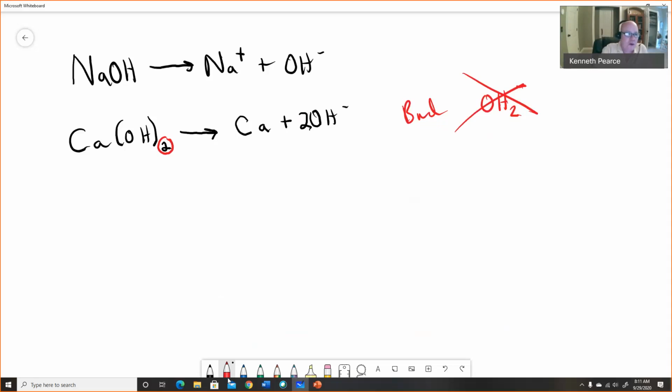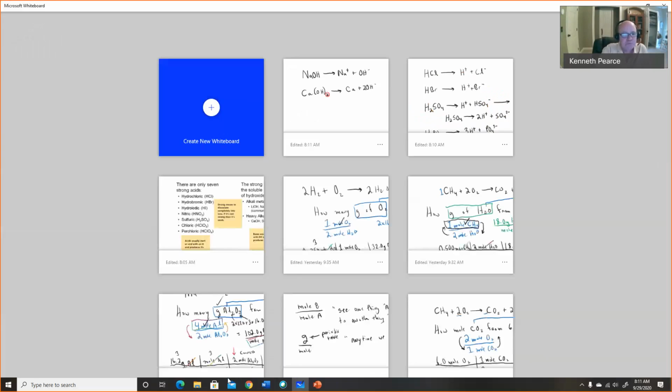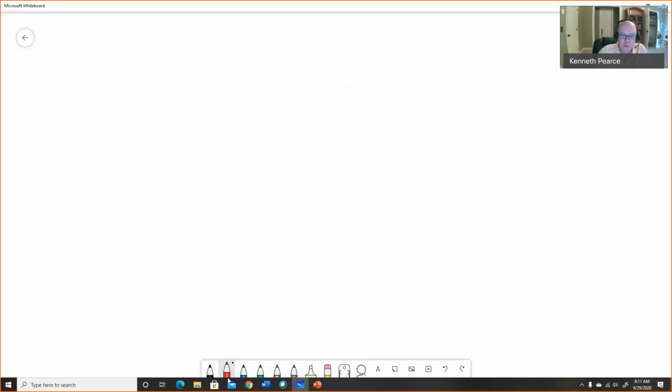And of course, everything is aqueous at this point. Now, what we have to be able to do is to react acids and bases in neutralization reactions. So we're going to do acid-base neutralization.